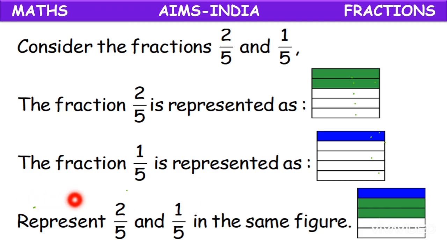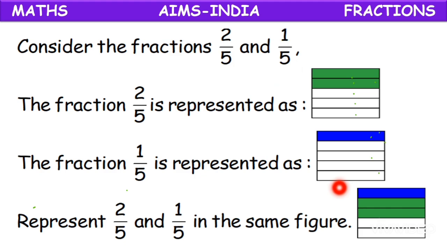Now represent 2 by 5 and 1 by 5 in the same figure, as these two are like fractions. Aren't these two like fractions? Yes. Both are having 5 as their denominator. So these become our like fractions.